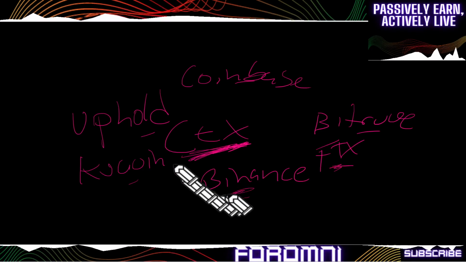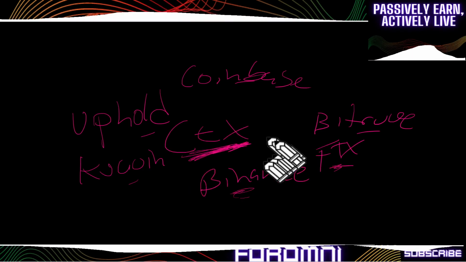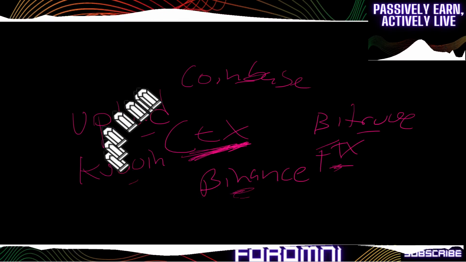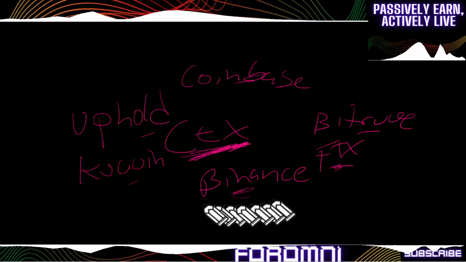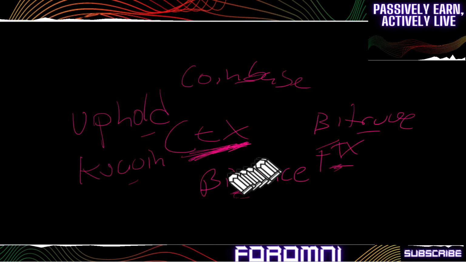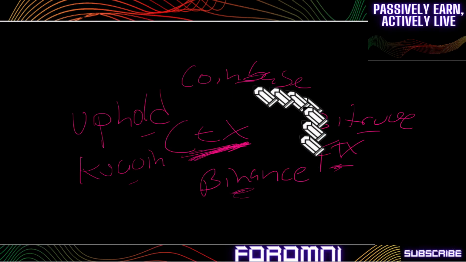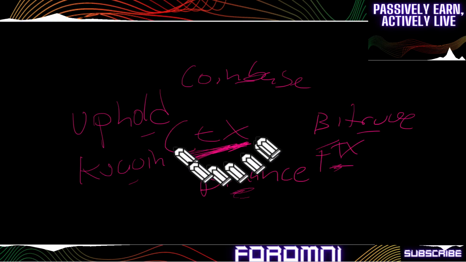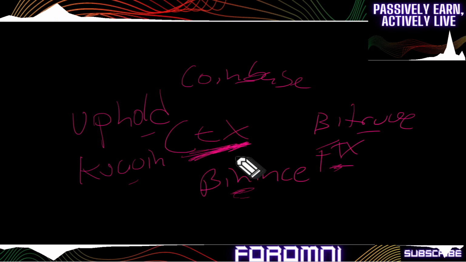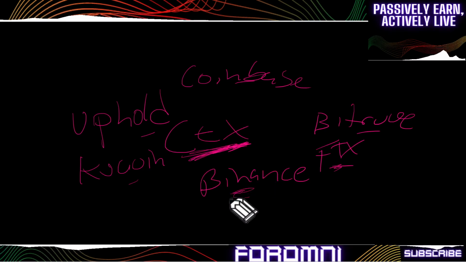But the problem with this is you don't own your keys, so you don't own your crypto, and therefore you're susceptible to the risk that comes from keeping your assets in a custodial wallet. They have your keys, they own your crypto, they're custodial of your assets, so they can essentially lose your assets. And most of the time, you get nothing in return, as we've seen in the past.